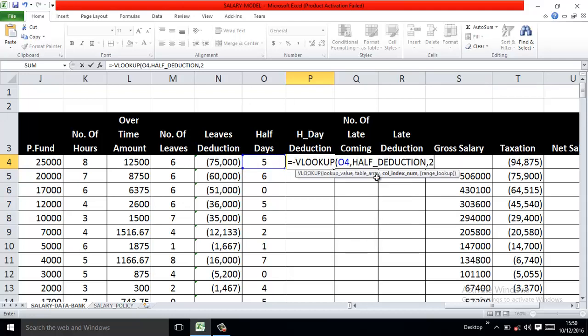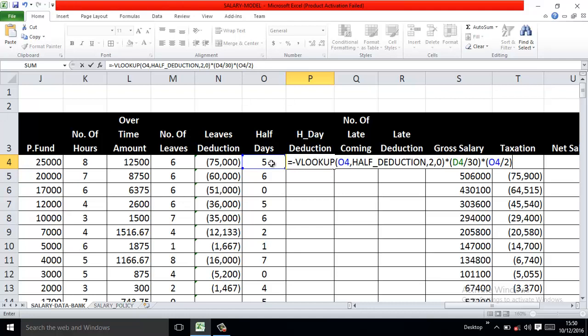From there we are calling again from the half day deduction which gives us the rate, and then I multiply this with the D4, that's having basic salary divided by 30 for a day, and then I multiply this with half day divided by 2. Why this divided by 2?